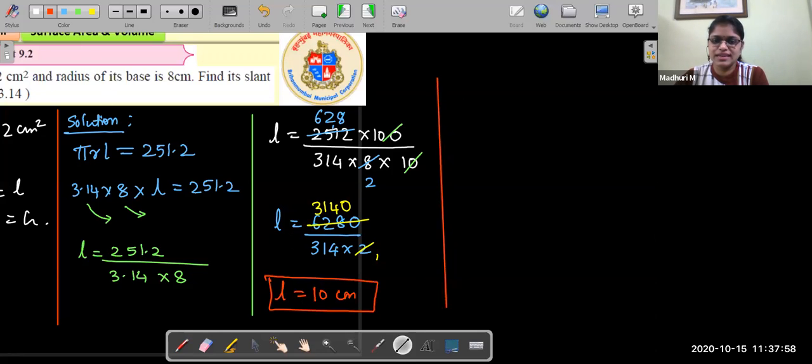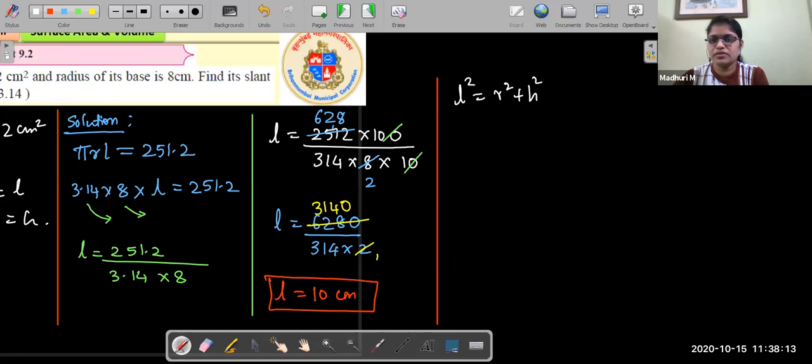And what is the next step? We have to find the perpendicular height. So far we have got slant height, we will find the perpendicular height now, that is h. And how do we find that? Using the formula L squared equals R squared plus h squared, right? So substitute the values here, and L is 10, so 10 squared equals R, we know R is 8, so 8 squared plus we don't know height, so we write it as it is, h squared.